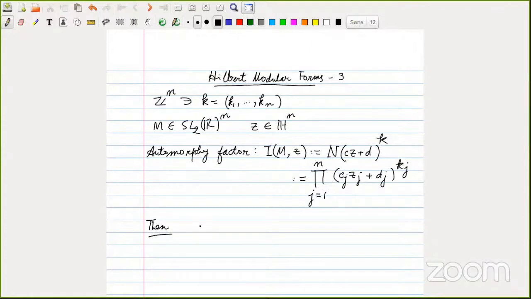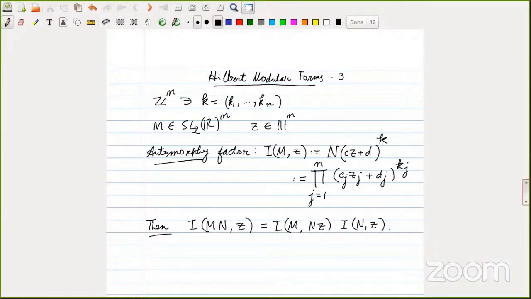If I take M and N, two matrices inside SL_2(R)^n, then J of MN, Z can be shown to be equal to J of M, NZ times J of N, Z. So this is the condition which is satisfied once I have this definition. This is the automorphy factor, and we can also put other things here like a twist character and so on.